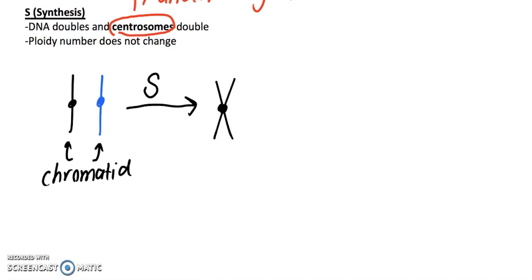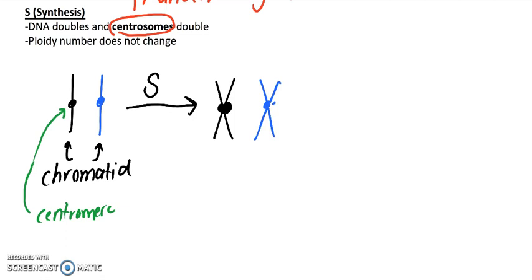There's actually two of these little circles here called centromeres. These guys are called centromeres. The blue also doubled, and now we have two centromeres. Since they're on top of each other, it's kind of hard to tell, but it's there.